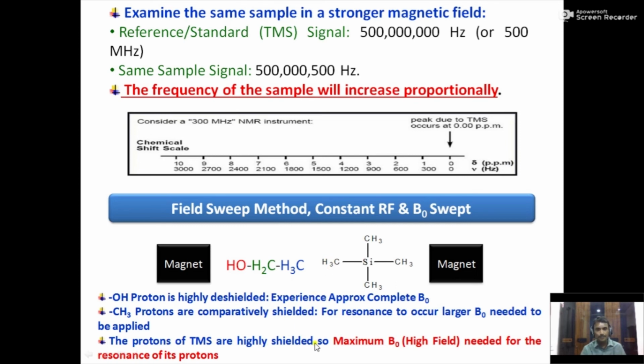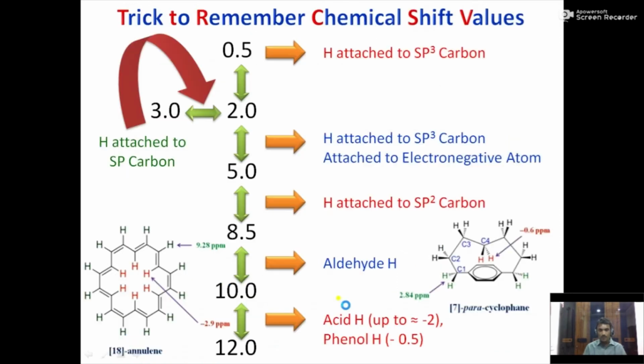Okay, now we will move to the trick to remember chemical shift values. When the hydrogen is attached to sp3 carbon, its chemical shift value may range from 0.5 to 2.0.